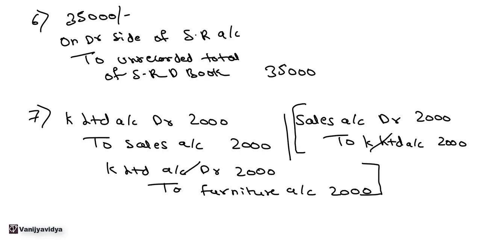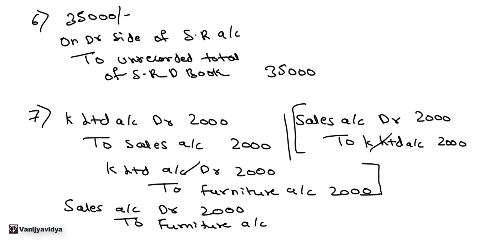So your rectification entry will be sales account debit 2000 to furniture account 2000. Now here what has happened is we have taken it out from your sales by debiting the sales account, and it has been reduced from the furniture account since it's a sale of furniture.